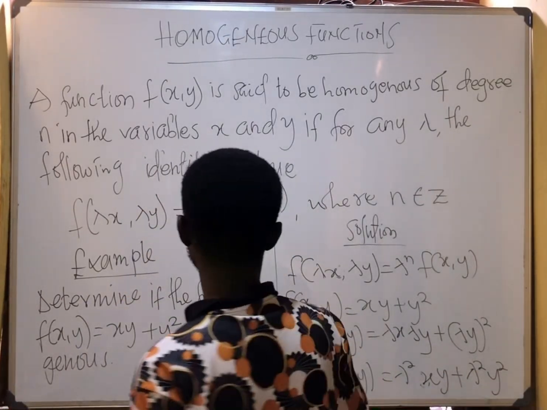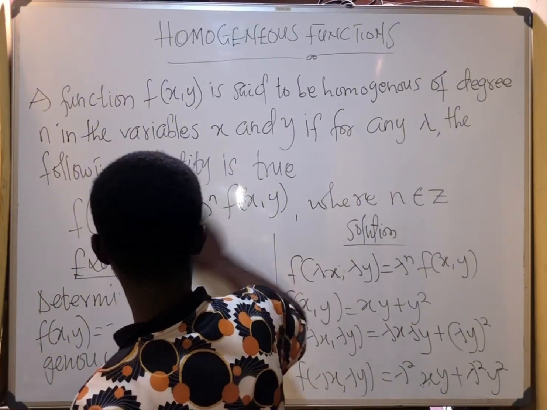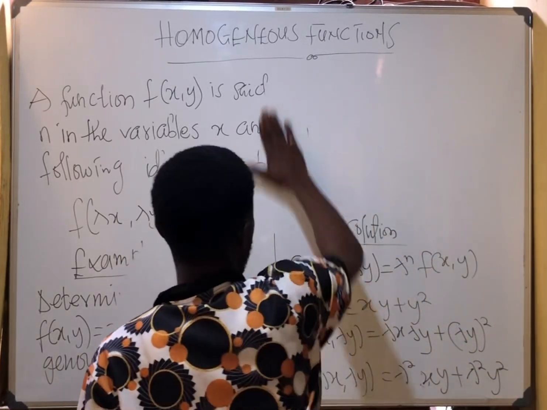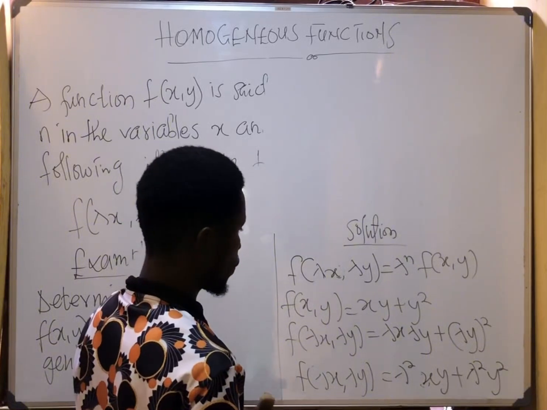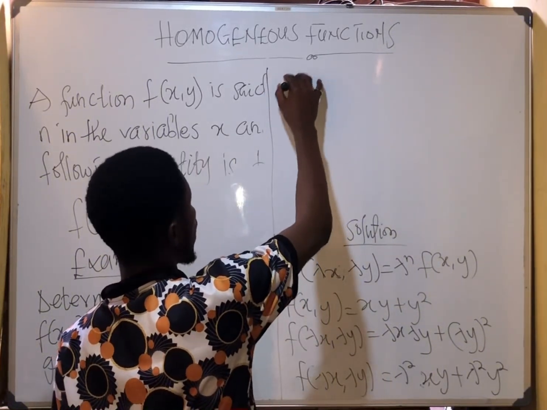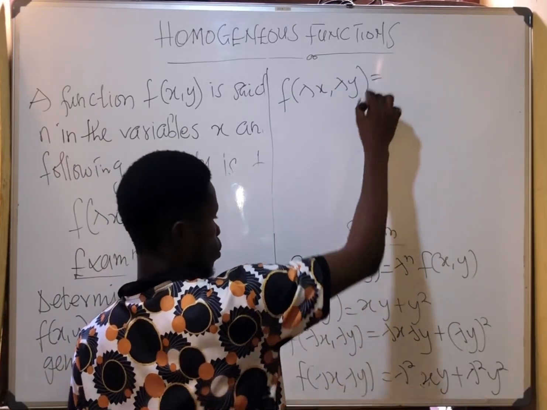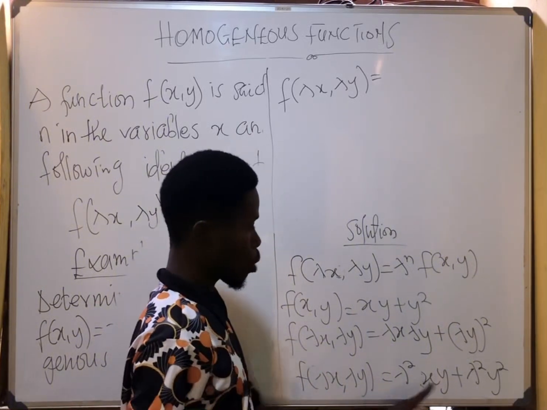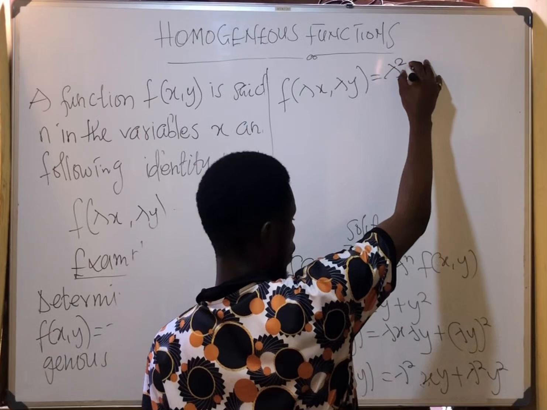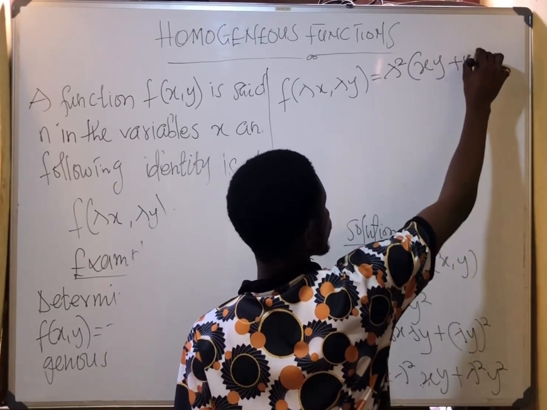Okay, so I'm writing it up here. You realize that now what we have is f of lambda x, lambda y, which equals lambda squared xy plus lambda squared y squared. The lambda squared terms are the same, so I can factorize lambda squared out, leaving xy plus y squared.